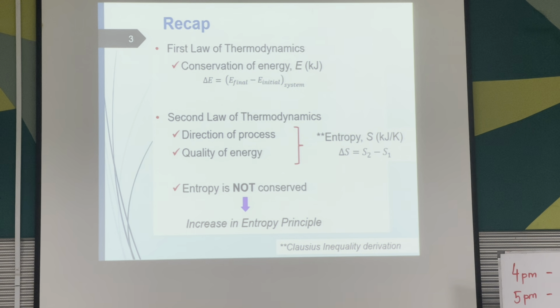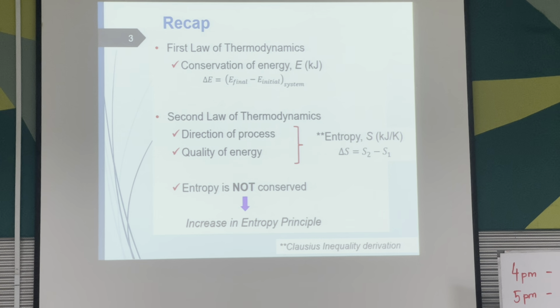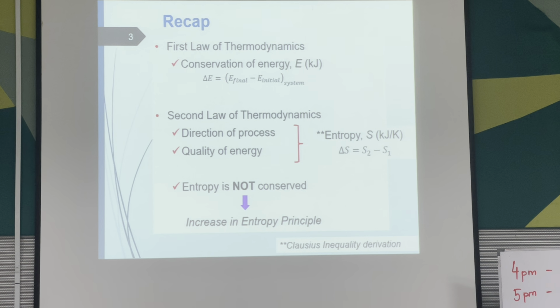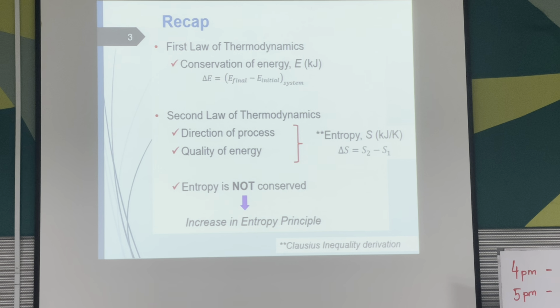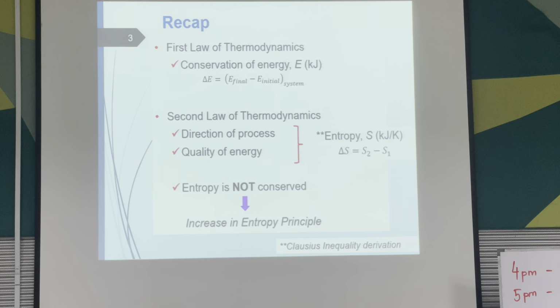Okay, just a short recap. In the first law of thermodynamics, once again, we talk about conservation of energy. So the equation that we established there was delta E equals E final minus E initial of the system. And then when we went into the second law chapter, we mentioned that energy not only has quantity as defined in first law, energy also has direction.